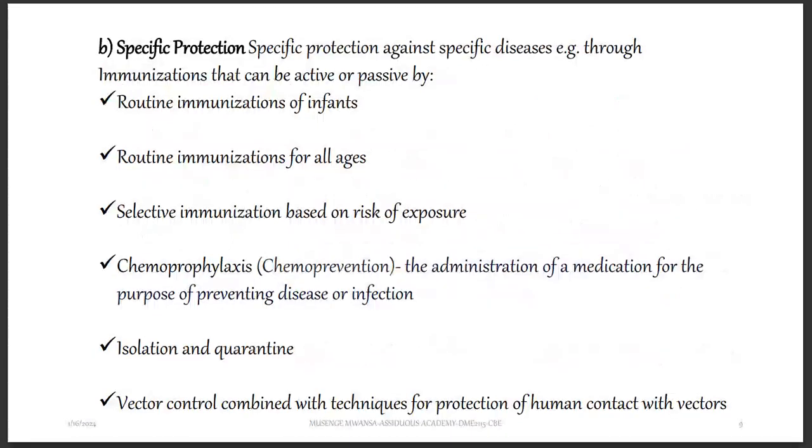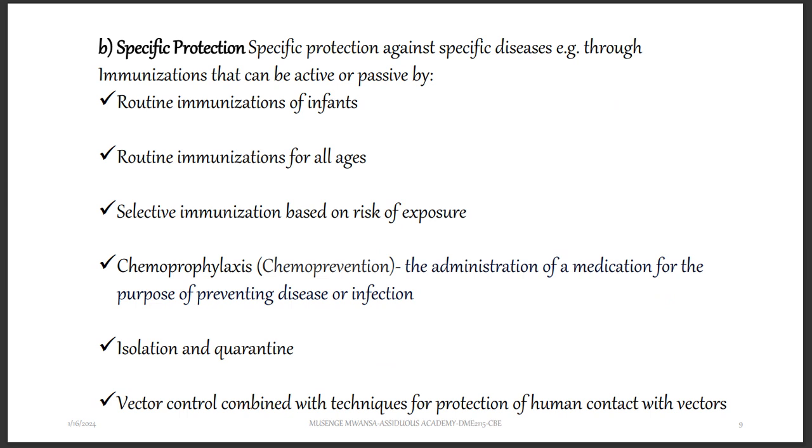Another way is specific protection. Now, specific protection is protection against a specific disease, and this is going to be done via immunization. That immunization, we know, can be active or passive. When we are talking about active immunization, it means that our bodies are involved in making, let's say, antibodies to be able to fight a disease.